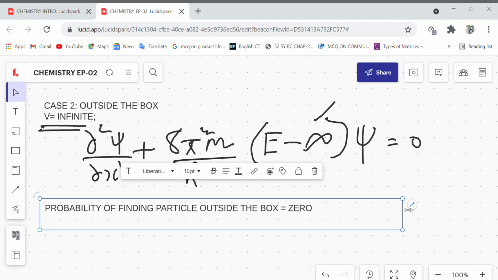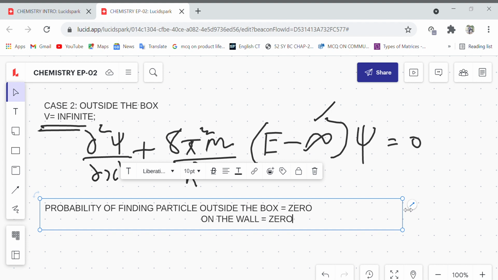And similarly, the probability of finding the particle on the wall is again 0. So there are two cases: the probability of finding the particle outside the box is 0, and the probability of finding the particle on the wall is also 0.